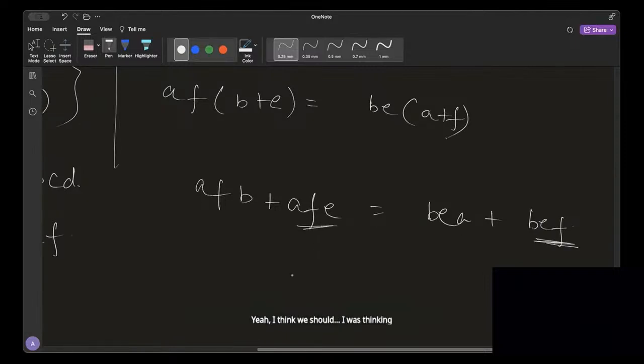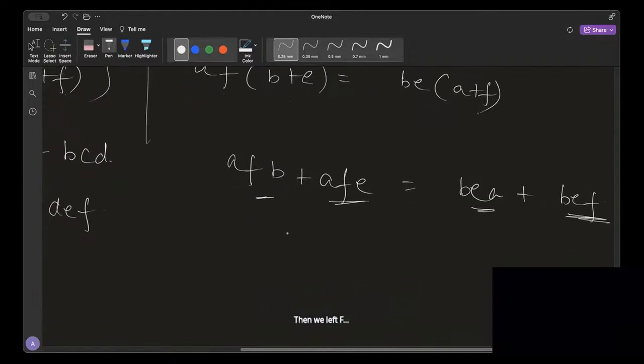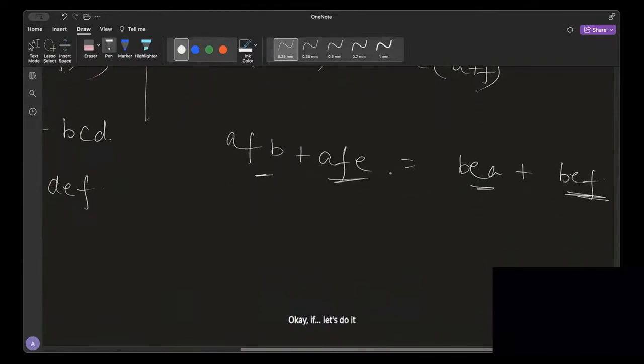I was thinking of clubbing these two, and these two. But then it's transitive. Then we have F. Okay, F. Let's do it here then. Let's see. BEA, and you can club these two too. Let's see which clubbing helps us. If you club these two, then we'll have AE as common and F plus B here.